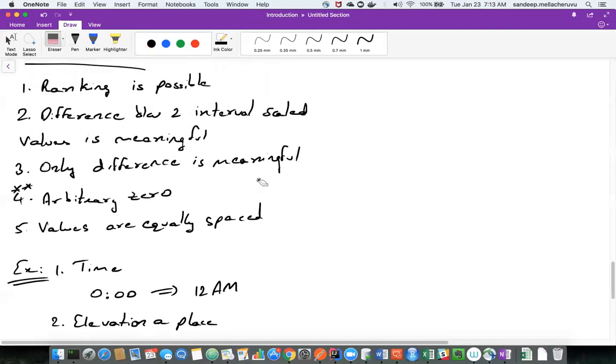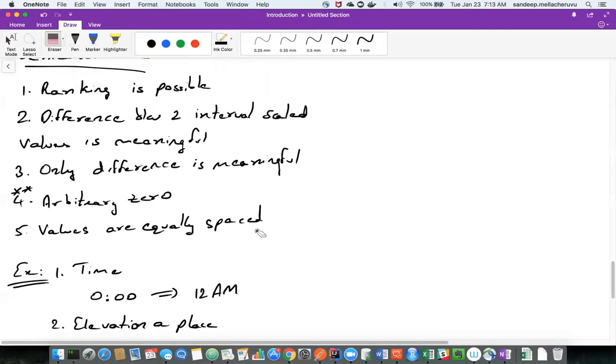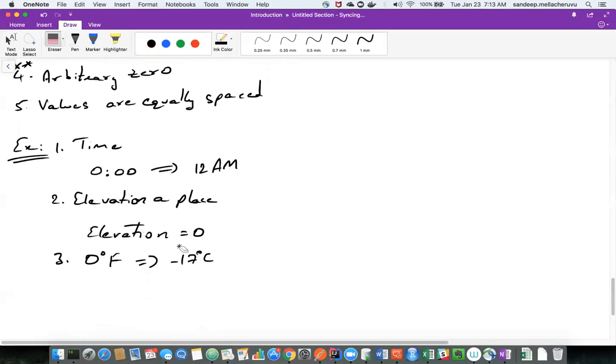So now values are equally spaced. Let's see. Is 0 degrees Fahrenheit and 1 degree Fahrenheit and 2 degrees Fahrenheit, are they equally spaced? They are. Each one is having 1 degree of Fahrenheit difference. So the values are equally spaced in this case, even for elevation. 0, 1, 2.